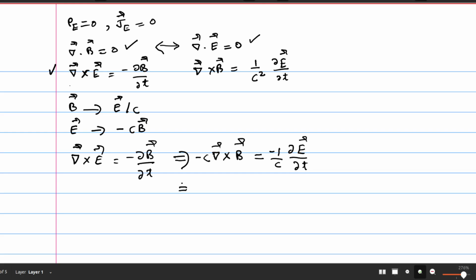So if we simplify this, we get curl of B equal to 1 by C square del E over del T, which is this equation here. So if in this equation we replace E with minus CB and B with E by C, then we get curl of B equal to 1 by C square del E by del T.